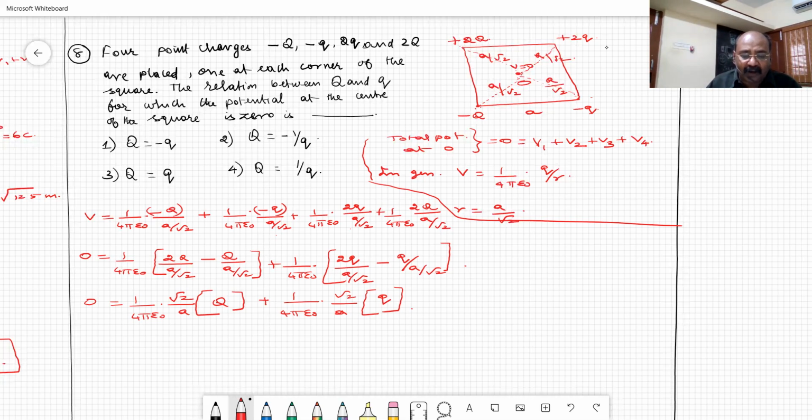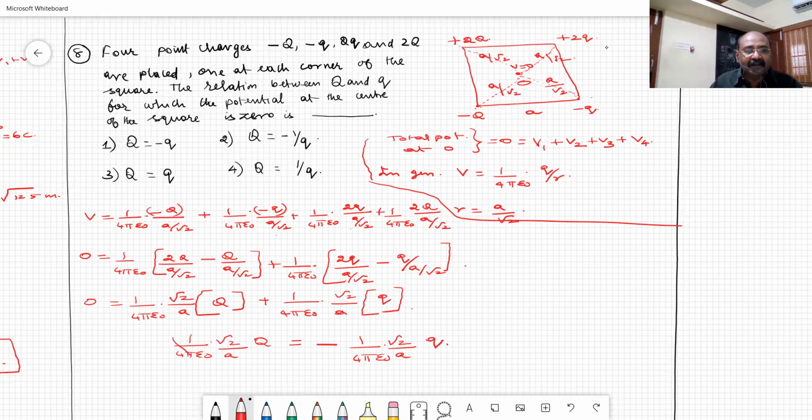Now, here I can take one of the values to the other side. So 1 divided by 4 pi epsilon 0 root 2 divided by A into Q equal to, taking the second term to the other side, minus of 1 divided by 4 pi epsilon 0 into root 2 divided by A into small q.